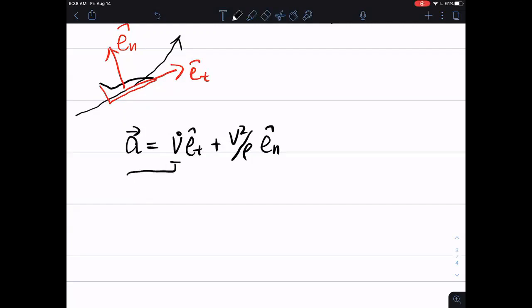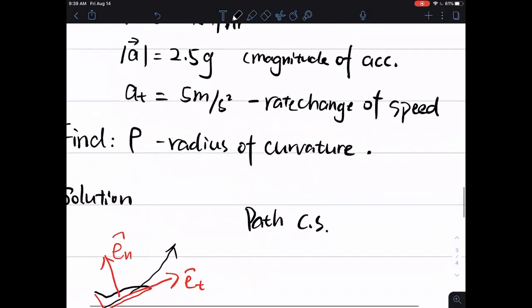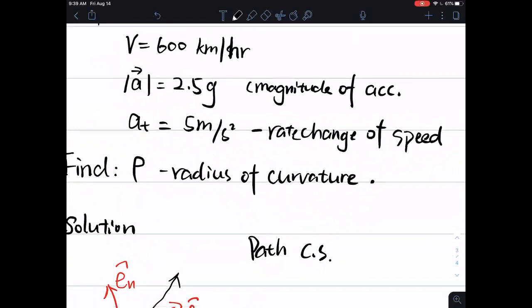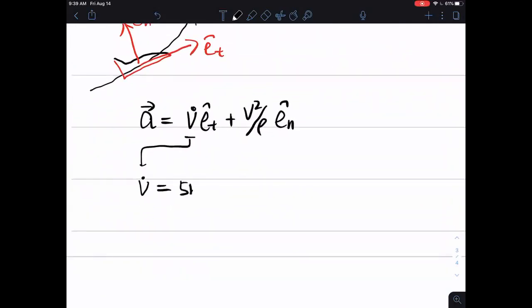Do we know anything about this v dot? V is speed. Take a dot, it's change of speed. We do know something about that. So the rate change of speed is 5 meters per second square. So we know that. Okay.